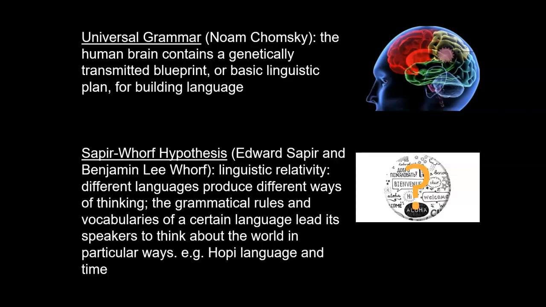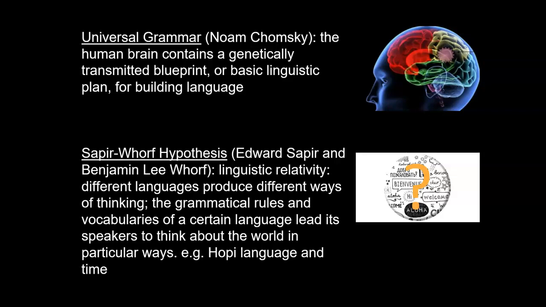Now, on the other side of that sort of analysis is the Sapir-Whorf hypothesis, which is also referred to as linguistic relativity in your reading. And you read a bit about Edward Sapir and Benjamin Lee Whorf, the two theorists who first came up with this, right?